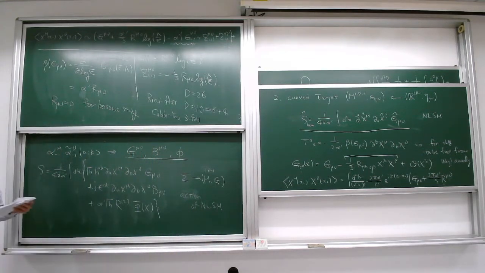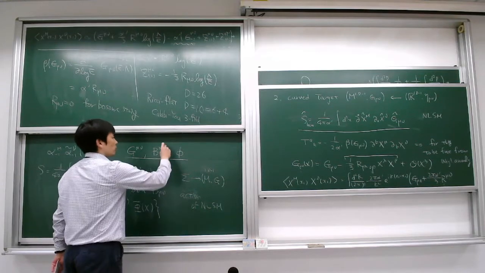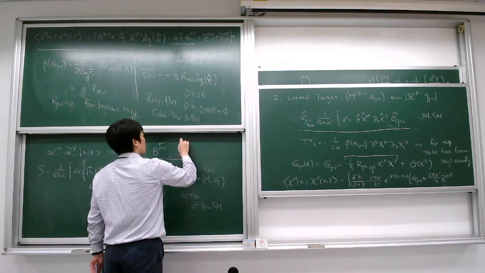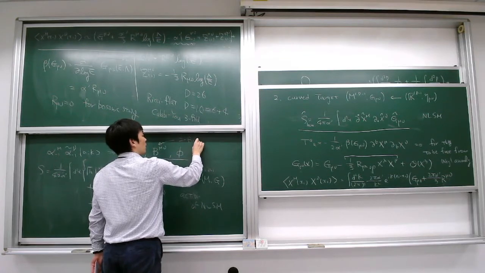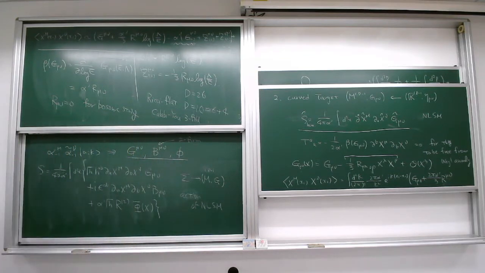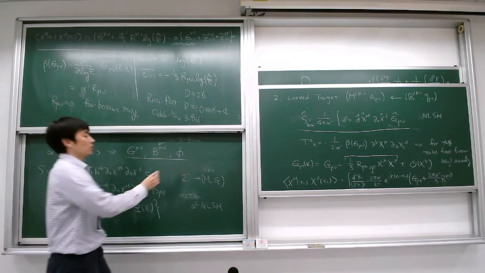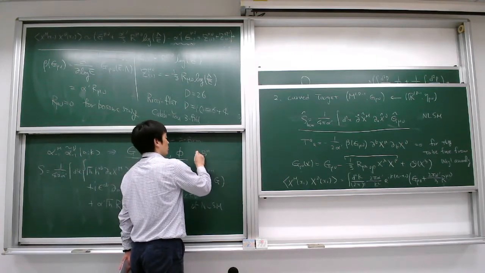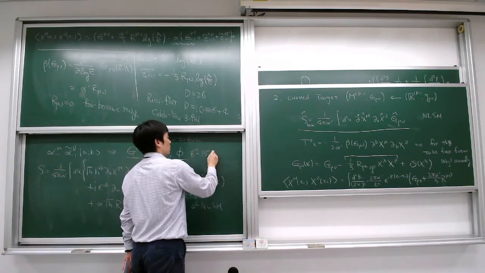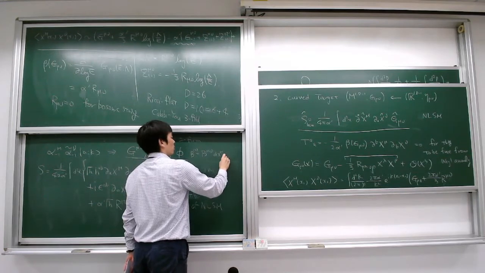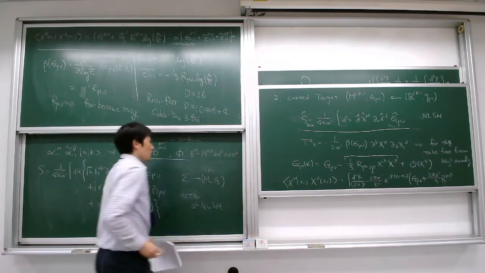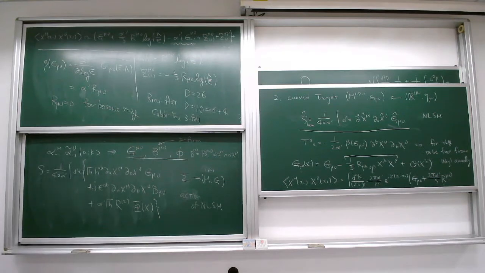Okay, and then of course the B field is a generalization of this, a two form. Two form means you can just have B mu nu. So B2 is B mu nu dx mu wedge dx nu. It's a generalization of the gauge field in the Yang-Mills or Maxwell theory.